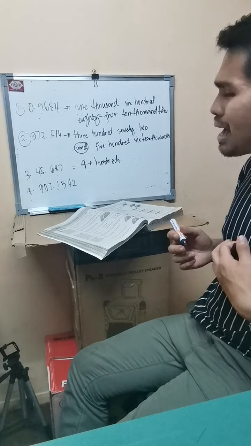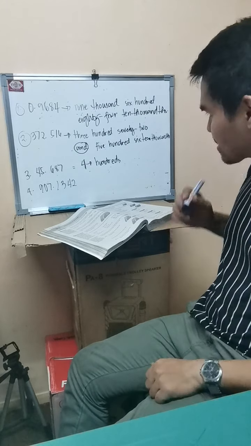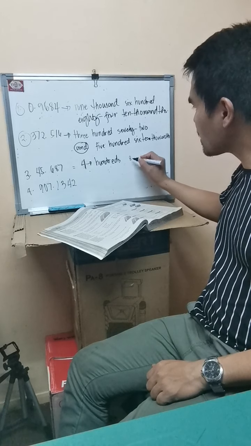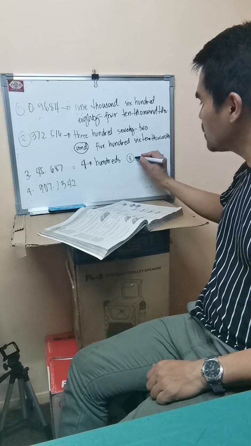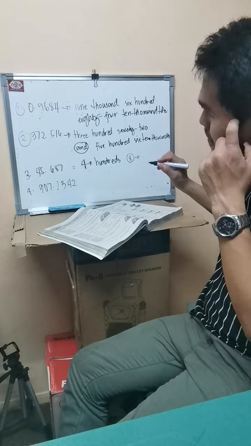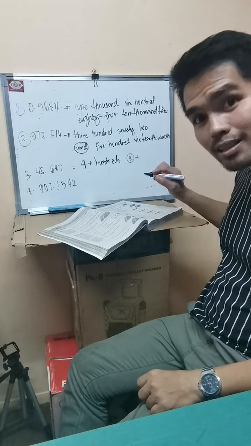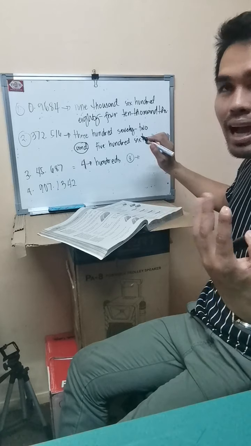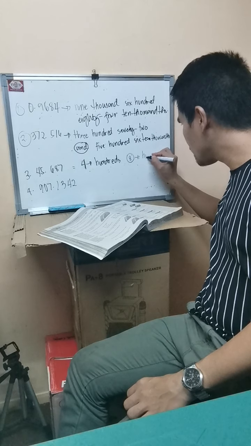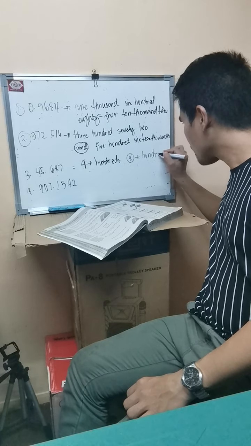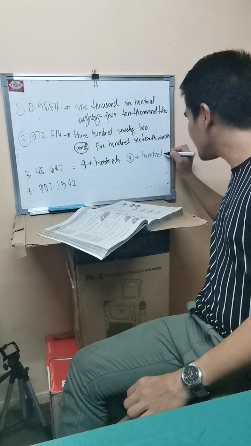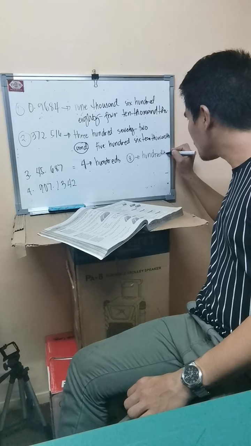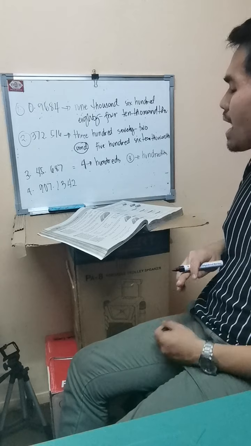And then what about the number 8? 8 here as a place value is referring to the what? The hundredths place. Okay? 8 is the hundredths place.